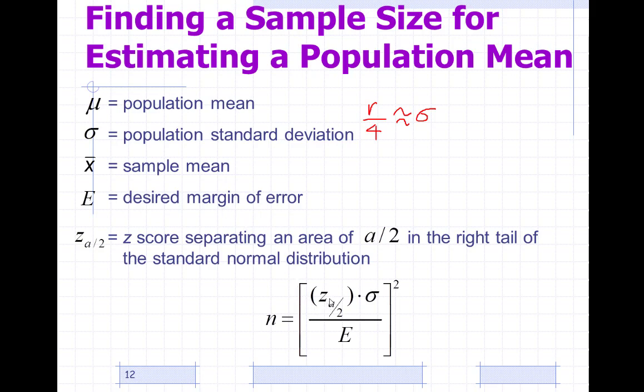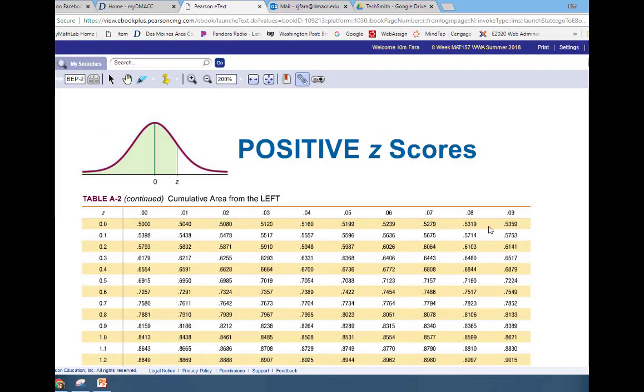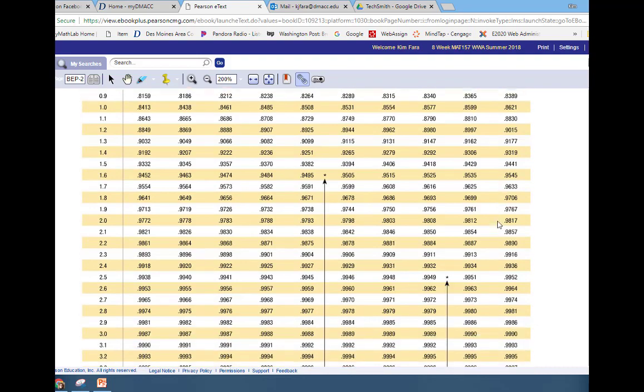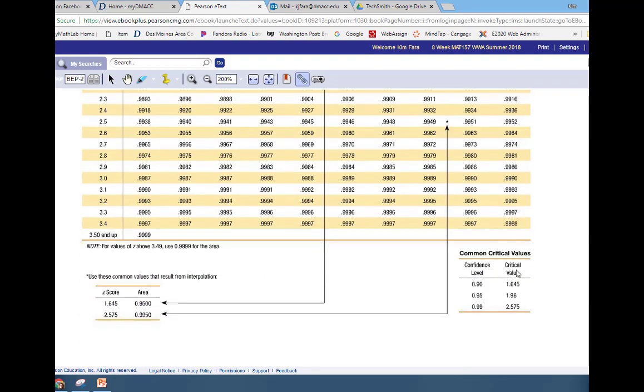Now we want to find a 98% confidence level, so that's when we're going to go back to the z-scores, and we're going to look at that table. So let me pull a z-score table over. Okay, so I am on the positive z-score page, and if we go down to the bottom, it gives us common critical values for our confidence levels, but 98% isn't there.